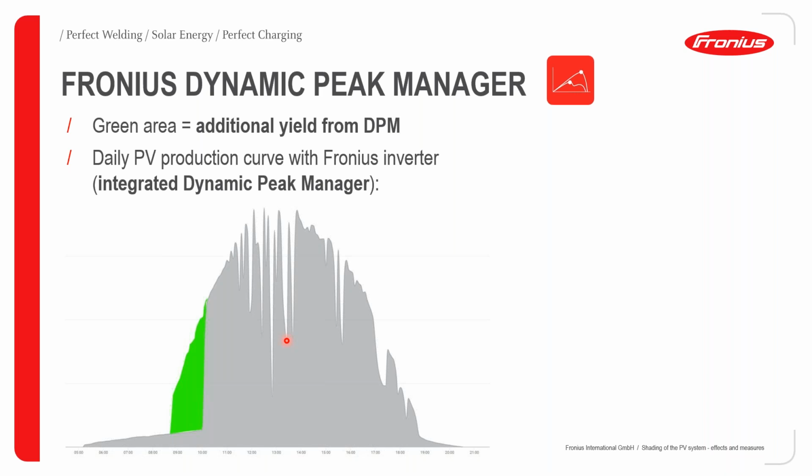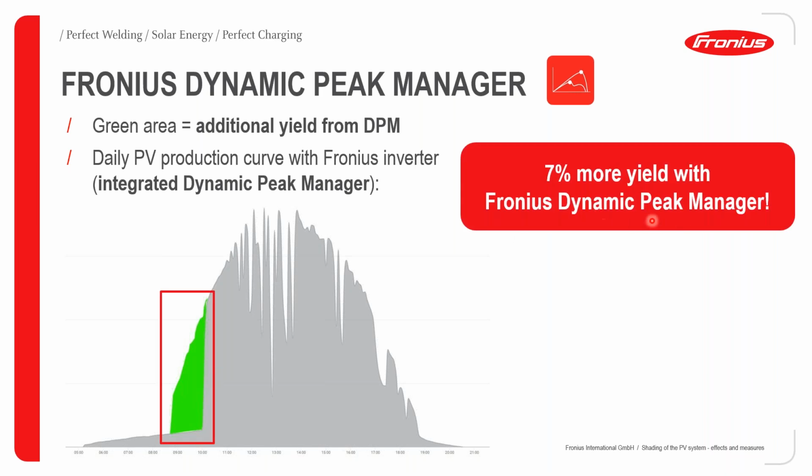With the Dynamic Peak Manager, you have an additional 7% more yield possible by making the best possible use, like we said before, between 8:45 a.m. and 10 a.m. when the partial shading was happening with this installation.